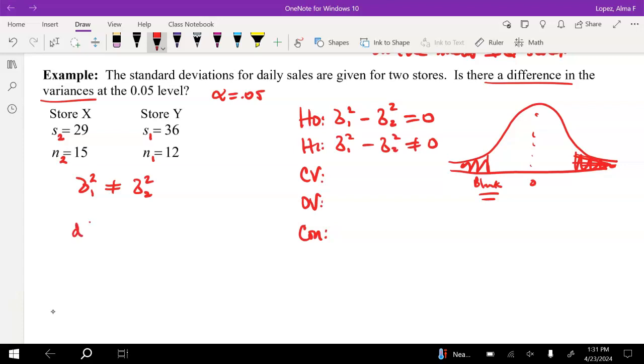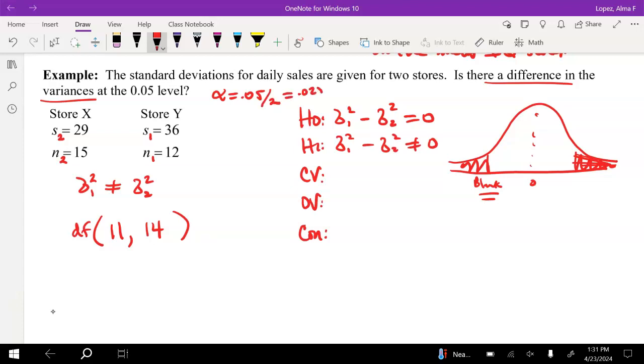So when I'm looking for the degrees of freedom, I'm going to take n1 minus 1, that's going to be 11, and n sub 2 minus 1, which is 14. In the table that you're provided, there isn't an 11. Look at the numerator. Well, first of all, let's back up a little bit. Our alpha is 0.05.